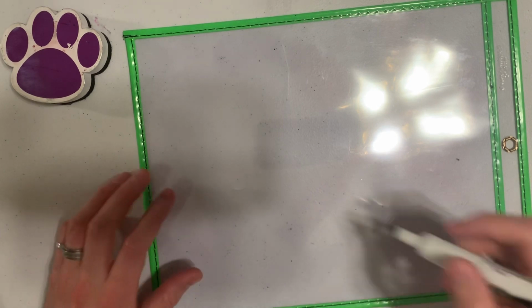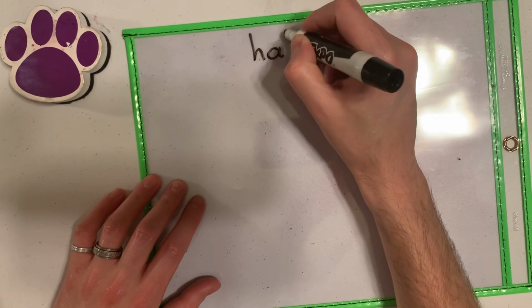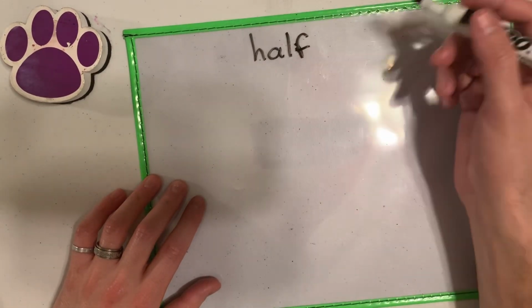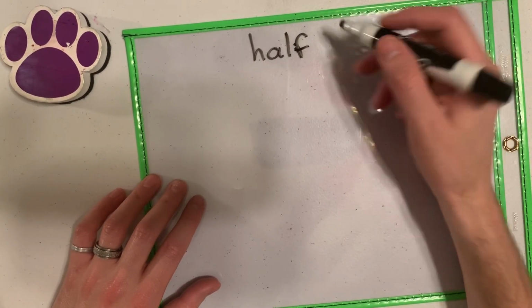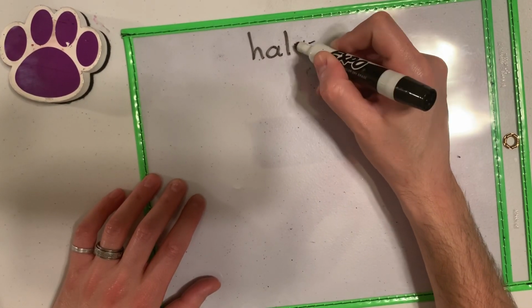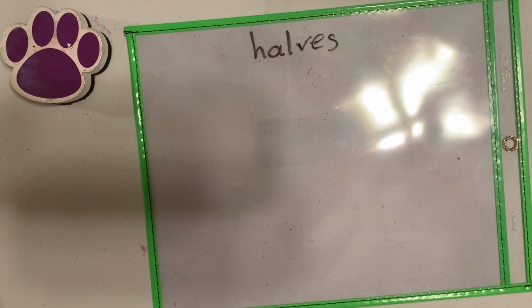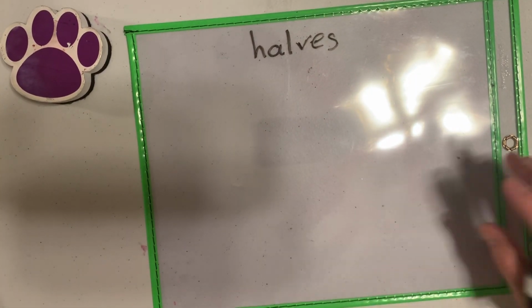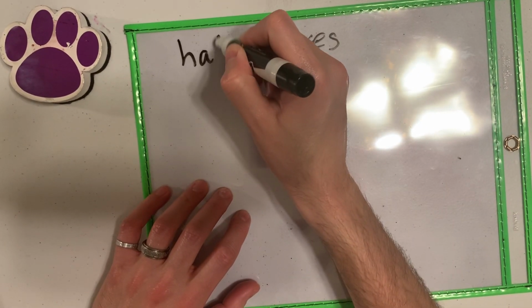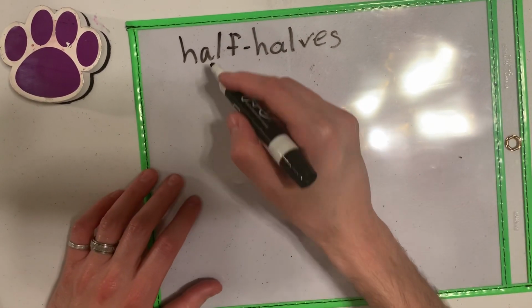Today, we're going to talk about halves. A half is when you divide something into two parts. Half or halves.